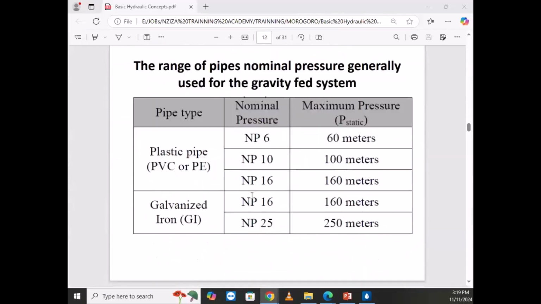fix our pipes. When you are sizing your pipes, there will be a need of indicating the pressure rating, PN: a pipe which has PN 10, PN 16, PN 25. When PN is 6, it means the pipe can reach a pressure of 60.